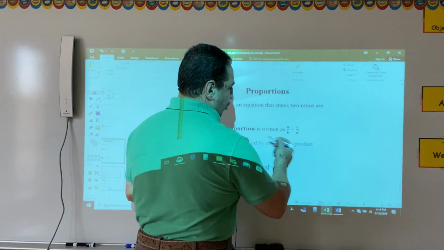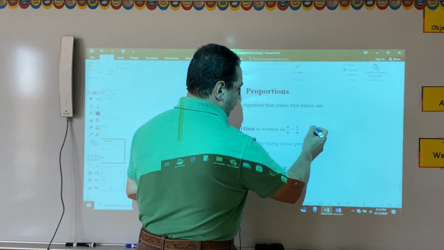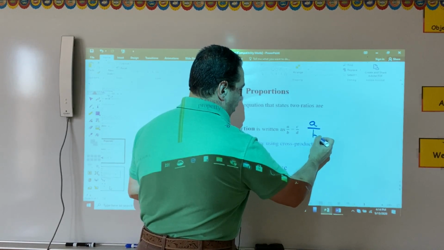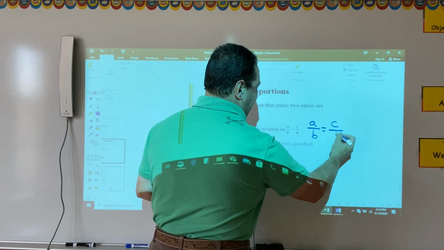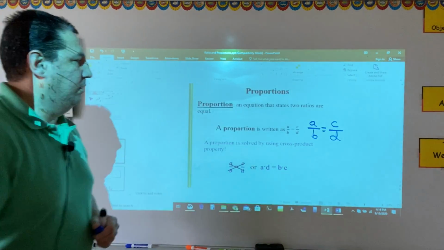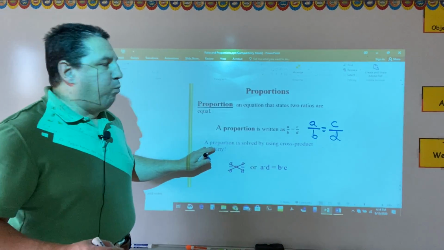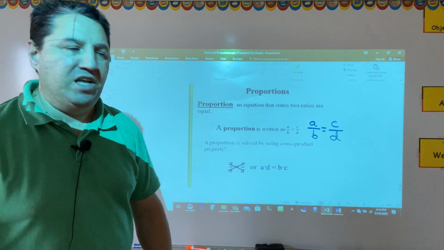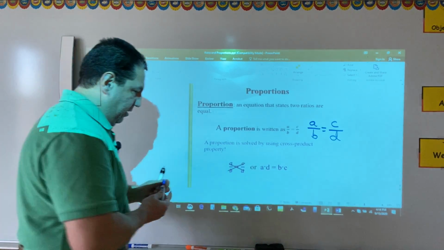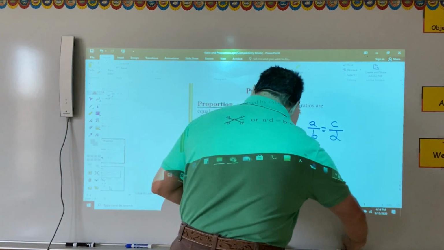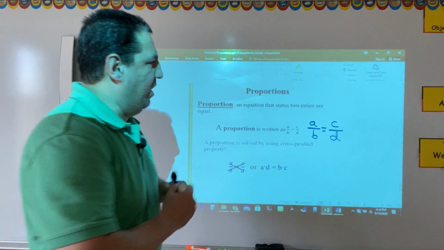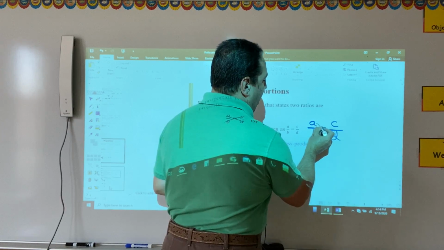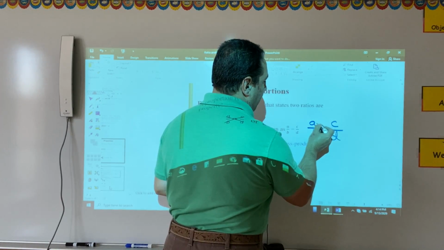So in order to see better, I'll rewrite for you this proportion: A over B equals C over D. Good. A proportion is solved by using the cross product method or property. What is this about? Cross product means we multiply numbers diagonally.